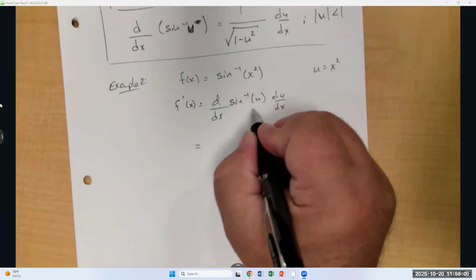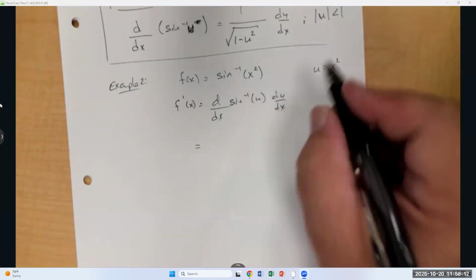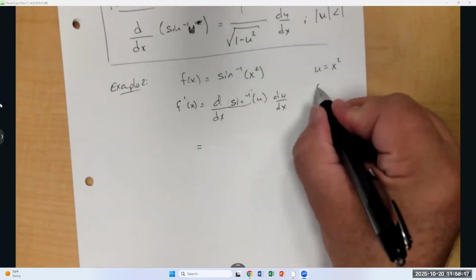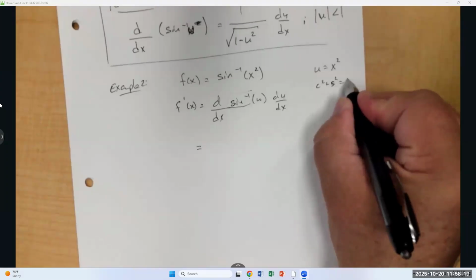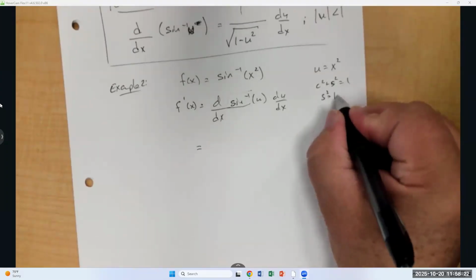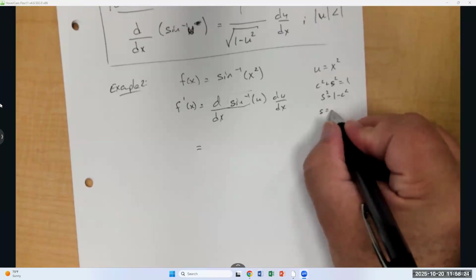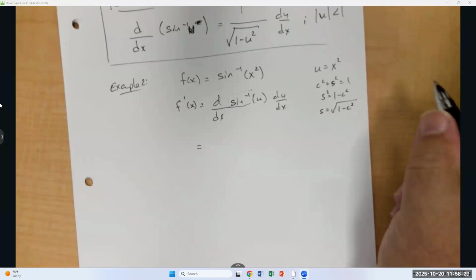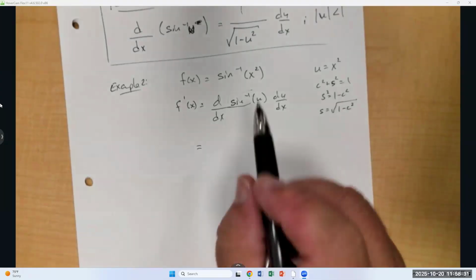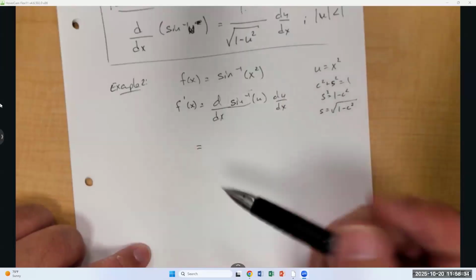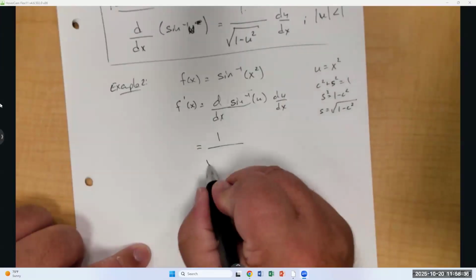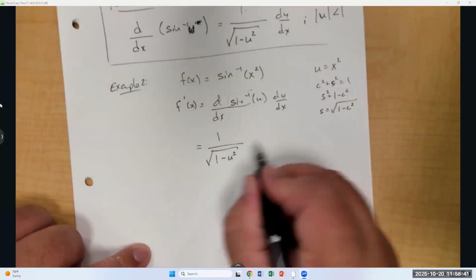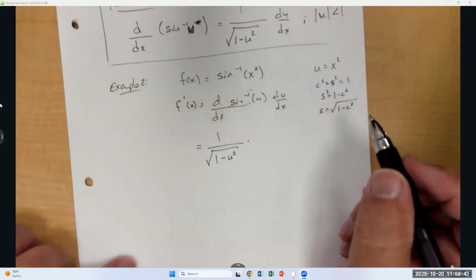Because of our trig identities, what does sine equal? Cosine squared plus sine squared equals 1. So sine squared is 1 minus cosine squared. So we have, according to this, 1 over the square root of 1 minus u squared times the derivative of u.